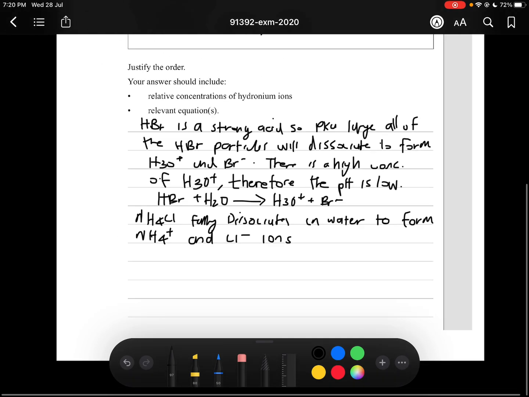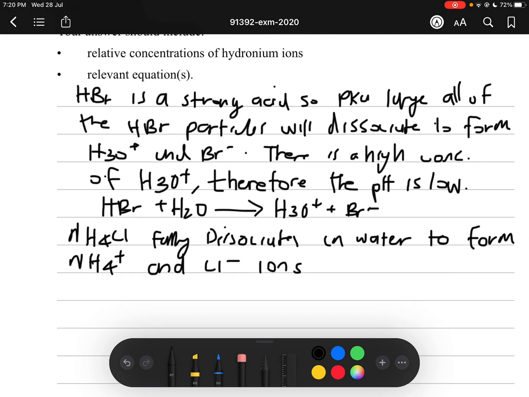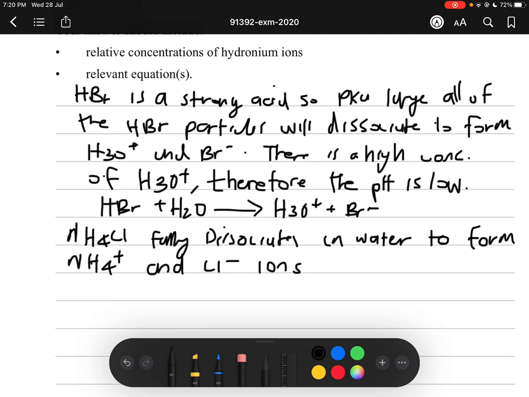So it's going to form our NH4 plus and our Cl minus ions. And we're going to say that NH4 plus is a weak acid.